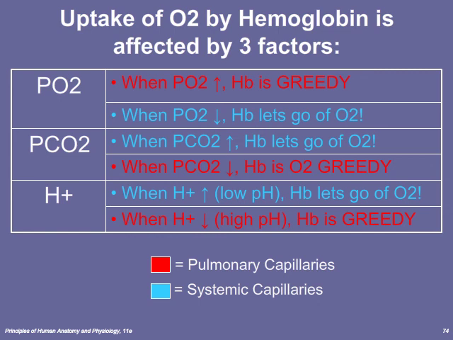And finally, look at hydrogen ions. The hydrogen ion concentration tends to be high within the systemic capillaries, which makes hemoglobin let go of oxygen, and low within the pulmonary capillaries, where hemoglobin will readily grab a hold of and hang on to all the oxygen it can get a hold of. And so, in essence, hemoglobin is a smart molecule in that it adjusts its affinity for oxygen based on the needs of the surrounding tissues.